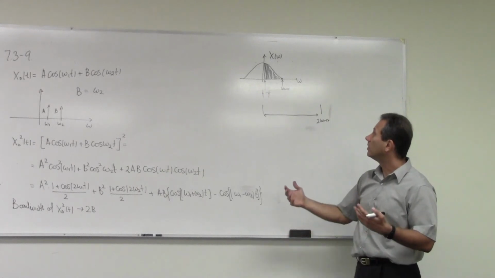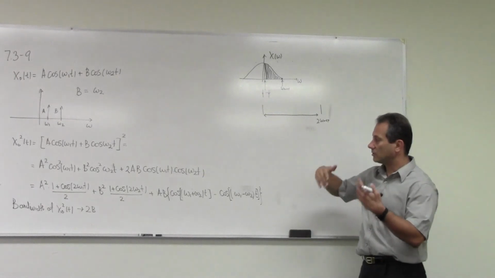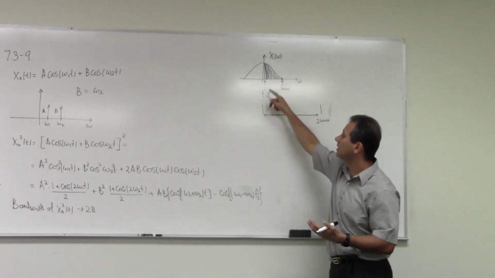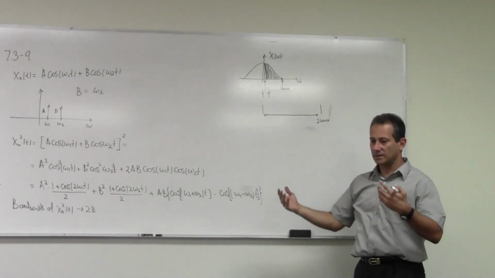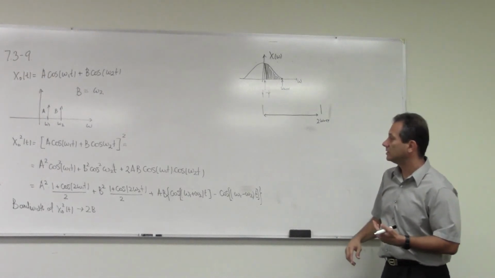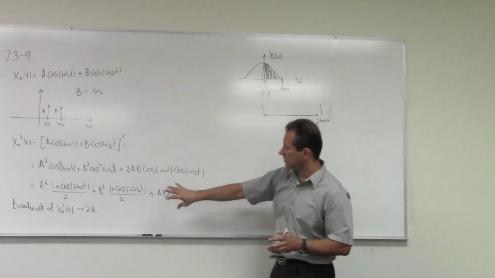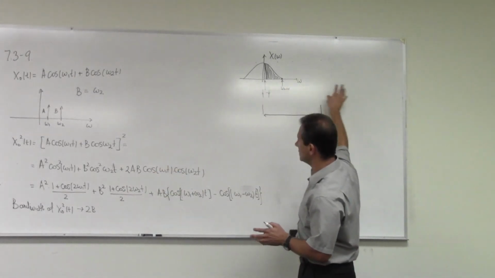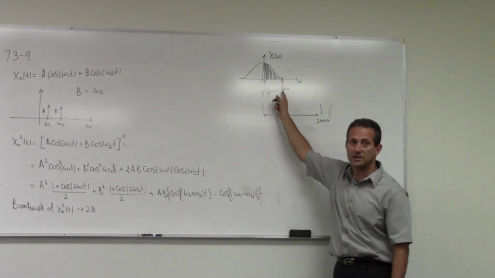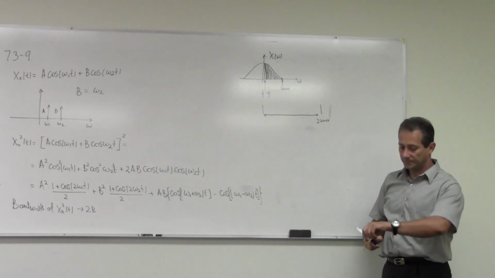You get components that are piling at DC, then you get components that are twice the frequency of each spectral component here, and then you get the components that are sums and differences of all of these spectral components. Out of all of these 3 terms, the one giving the highest frequency in the spectral domain is going to be twice the maximum frequency here, and that is the one that determines the bandwidth of the signal.